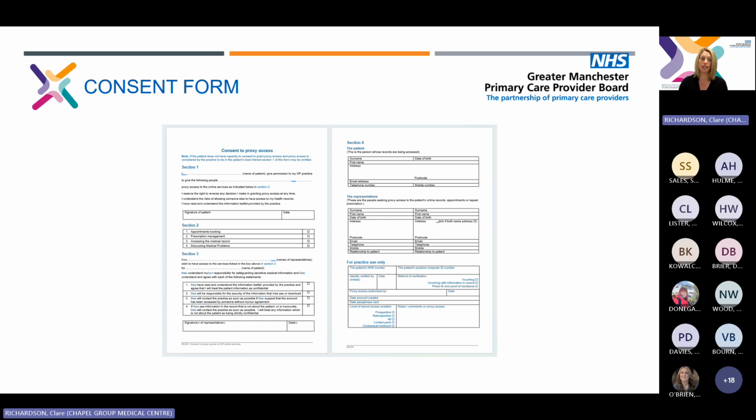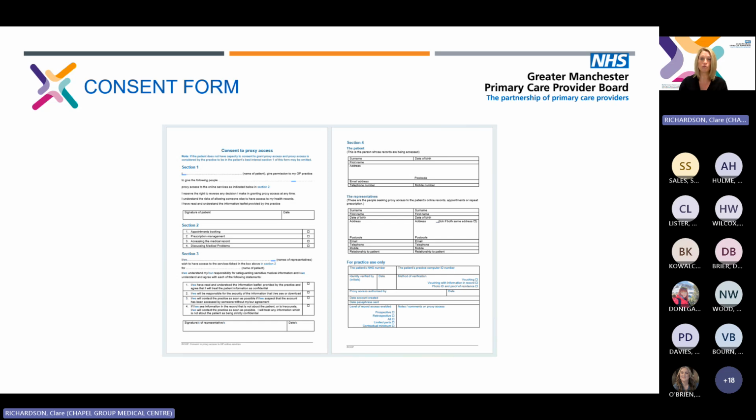When the form is completed, it's really important that it's checked that it's completed properly, otherwise they would have to come back in. And in this section here, for the practice staff use only, there is a box for the date, the NHS number of the patient, and the initials or name of the member of staff who sat with them while they were filling the form in.